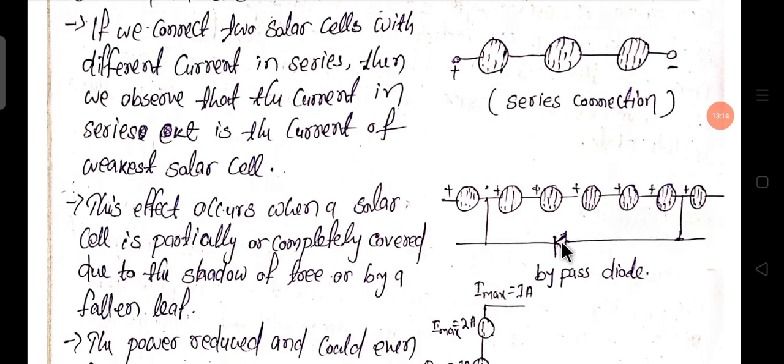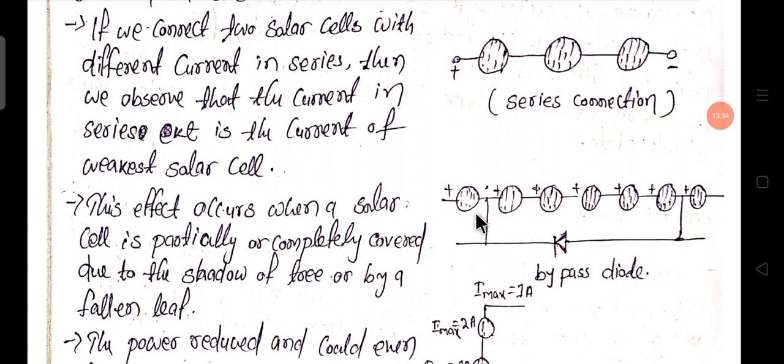Here you see a bypass diode is used. This diode is used for safety, so that reverse current does not go through the solar cell.